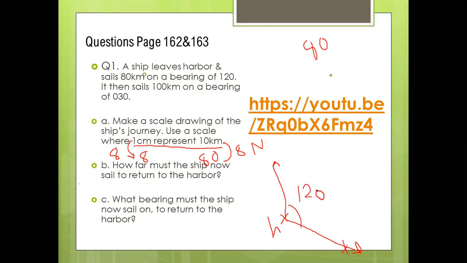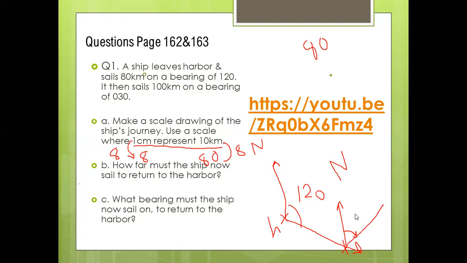But we didn't stop here. It then sails 100 kilometers on a bearing of 030. From this position again, due north. I return to the north again and draw a bearing of 30 degrees, like making a 30 degree angle.